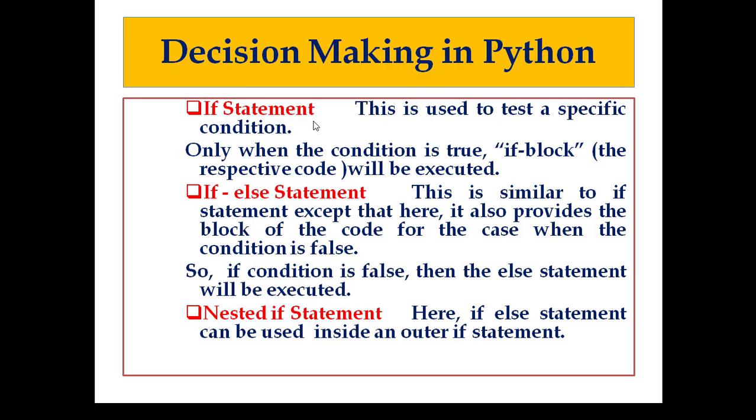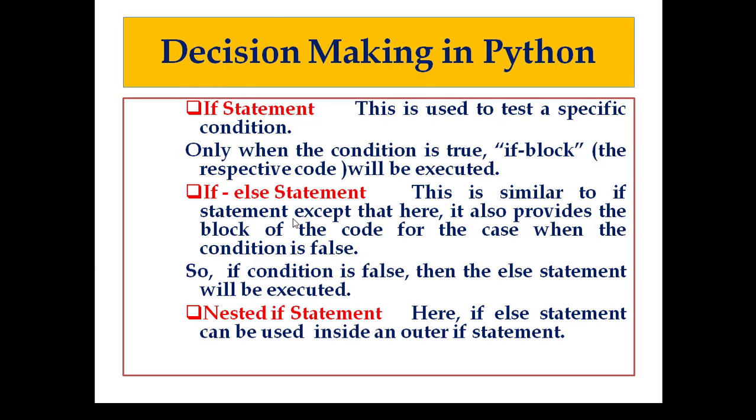Do remember that here we test a specific condition, and if the condition is true, then only that if block, meaning the respective code for that condition, is executed. Got it? So only one condition is there for the if statement.